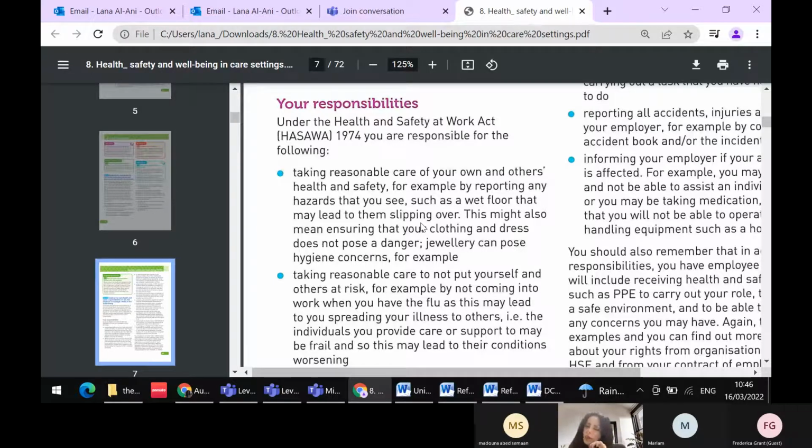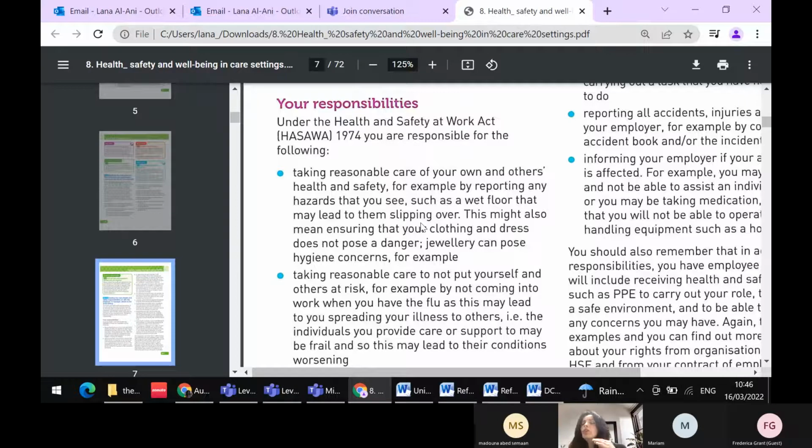You need to take reasonable care for yourself and others. Make sure there is no dangerous equipment on any fire exit, so people can leave the area as soon as possible if there is any fire hazard.